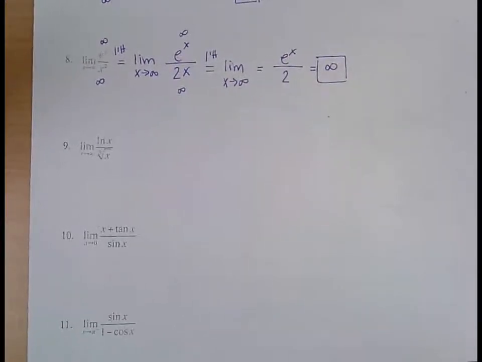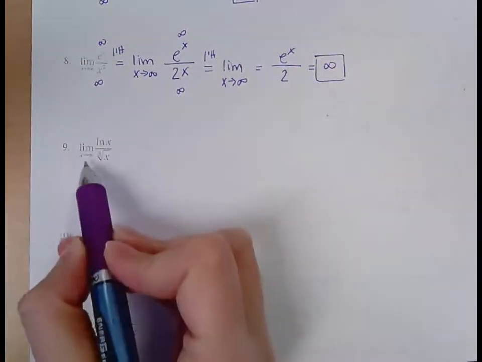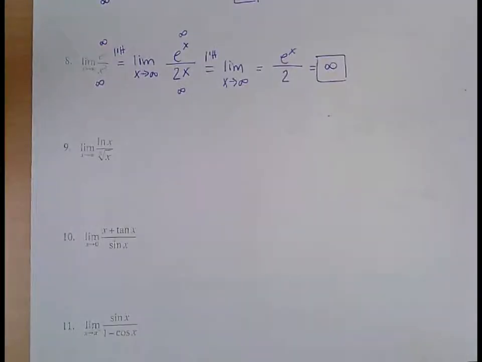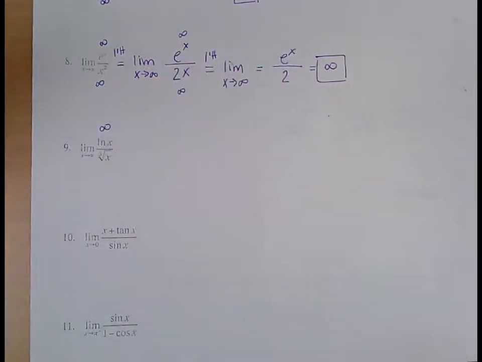So you may need to apply L'Hopital's rule more than one time. All right, so then example 9, limit as x approaches infinity of natural log of x over the cube root of x. So if x approaches infinity, natural log of x, we've already said in previous examples that also approaches infinity.